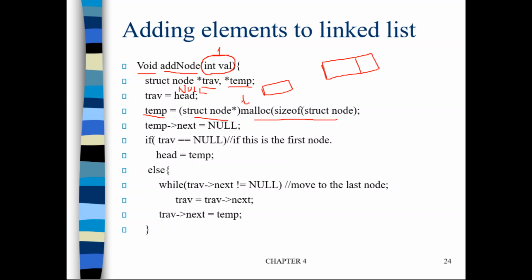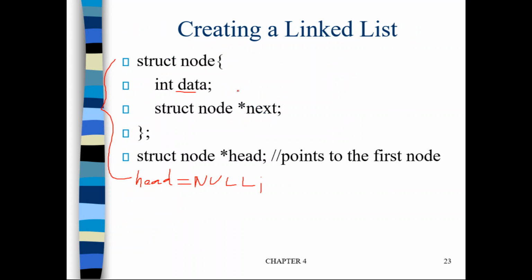This is the first node we are creating, and let us assume the starting address of this node is say 2000. It has 2 entries, a data part and a pointer part.